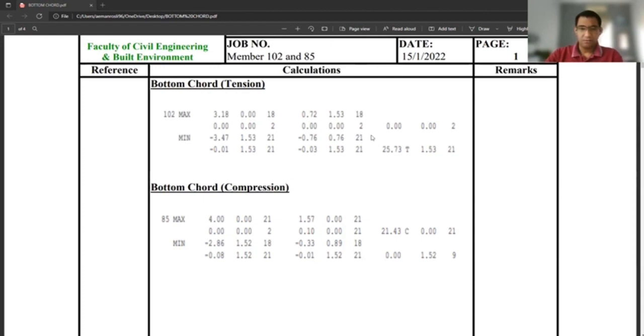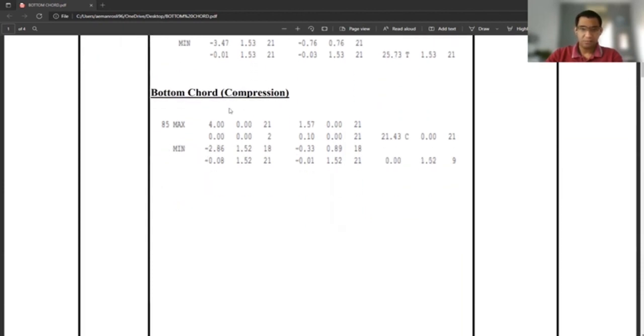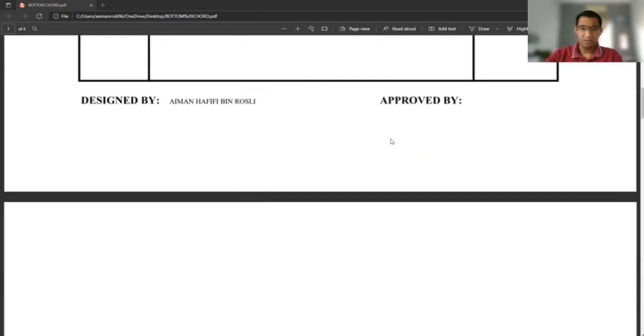The values of tension and compression we get from the analysis data from Step Pro that we designed. For the tension, we choose member 102. The value of maximum tension is 25.73. And for the compression, the member is 85, the value is 21.43.